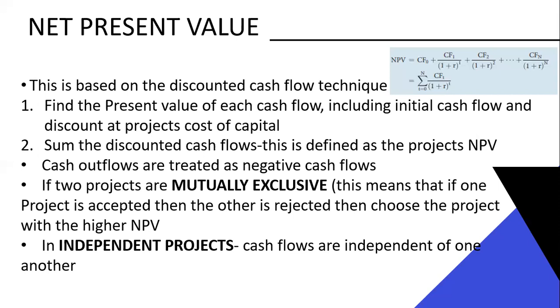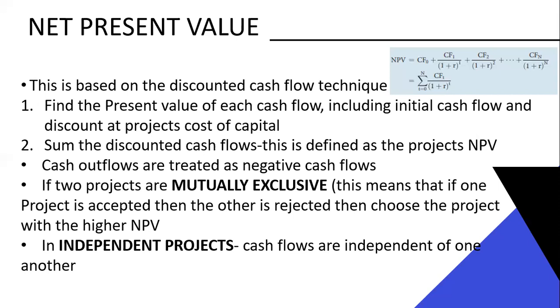Generally speaking, there is a cash outflow right in the beginning. Now, one thing that's very important in this chapter that I want to point out right at the beginning is that there is a terminology of either mutually exclusive projects or independent projects, and it's very important for you to understand the difference between both.